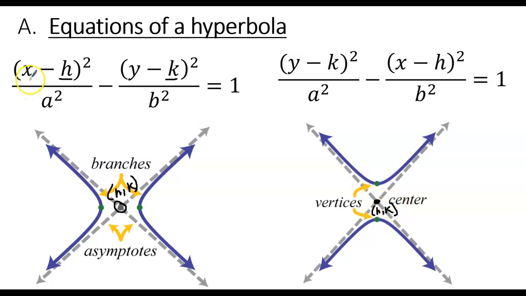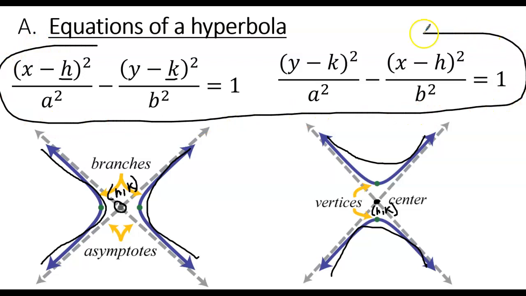All right. Now you may notice something, though, different about these two graphs. You may notice that this one, the curves are on the left and right, whereas this one, they're on the top and the bottom. And compare these two equations up here, and you'll see why.